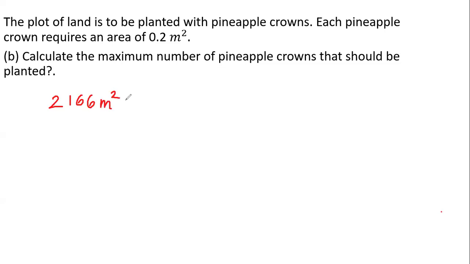And divide it by, why are we dividing though? Why are we not multiplying? Because we have to share out that whole total of land by the amount of space each takes. Very good.